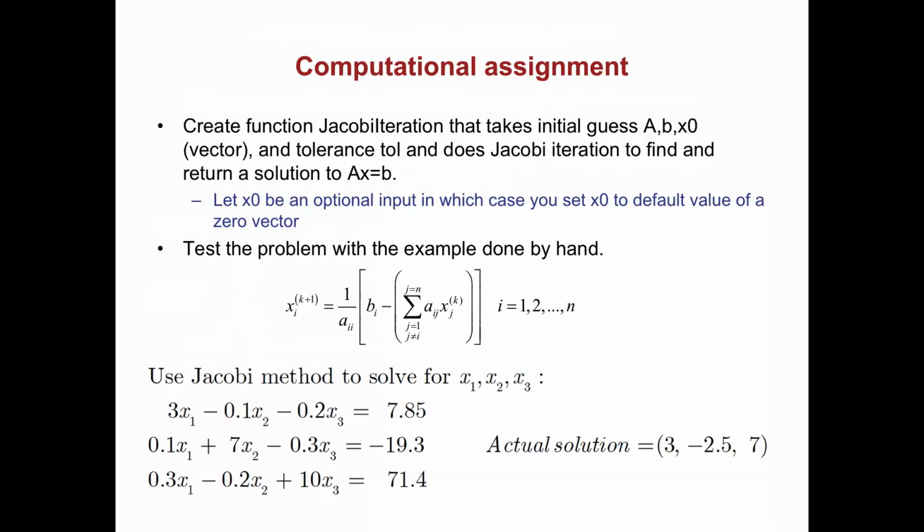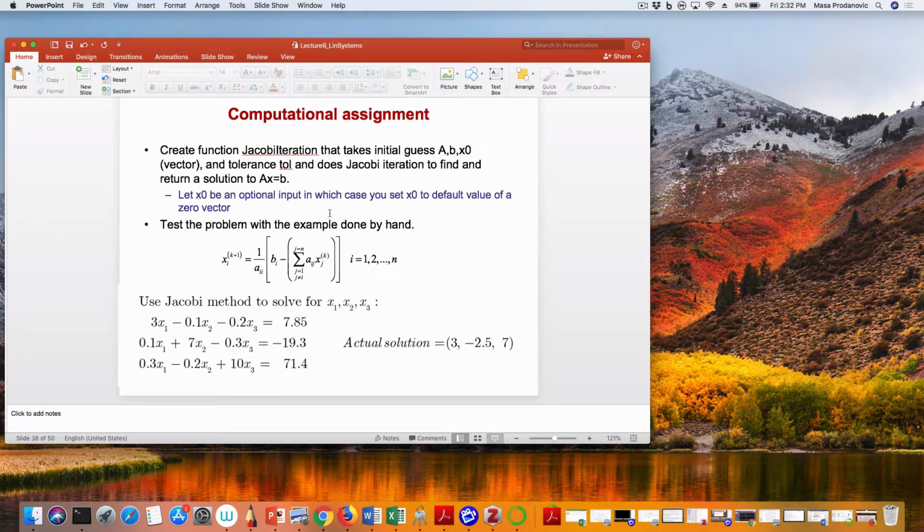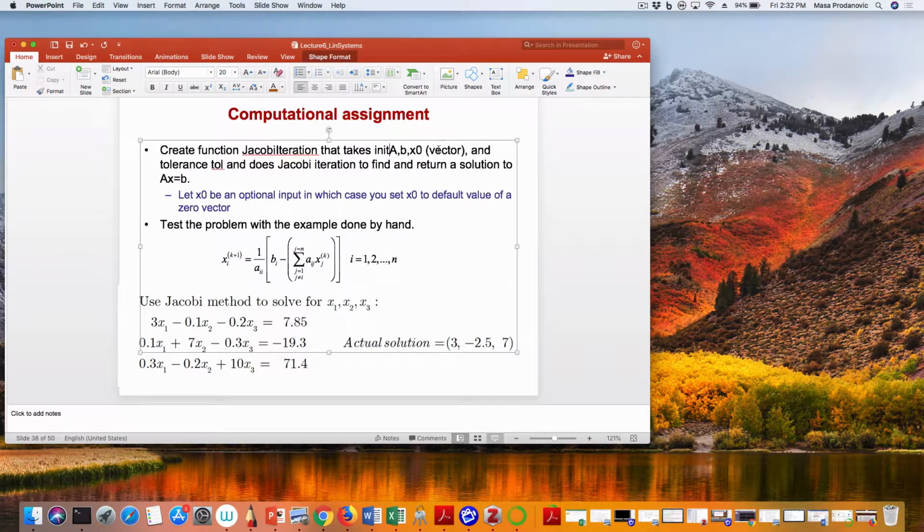So let's do a computational assignment. Create a function Jacobi iteration that takes A, B, and initial guess x0, and tolerance, okay?